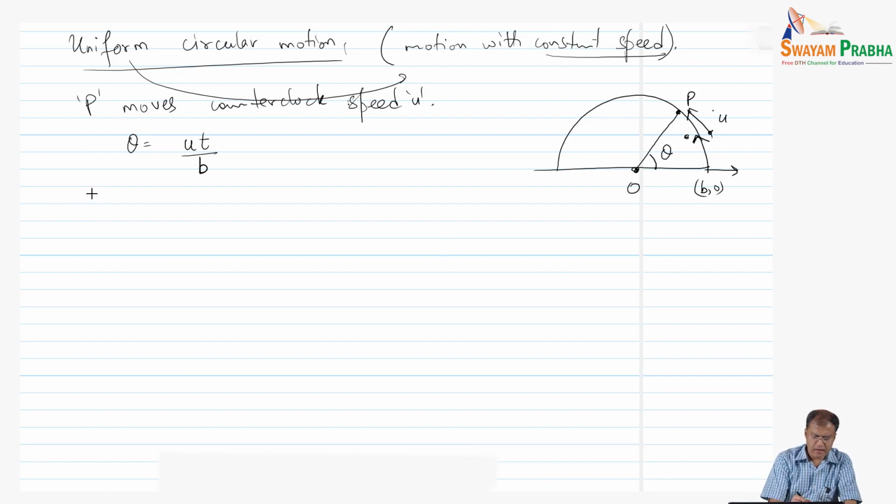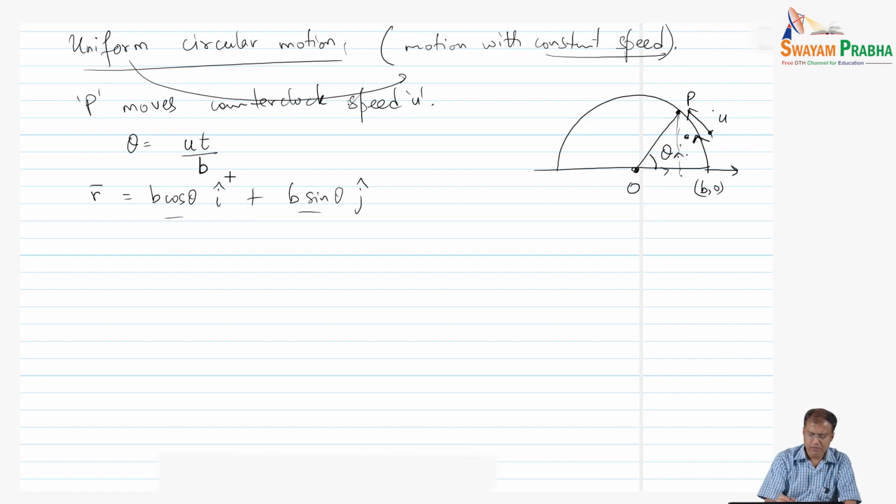So we see that the motion of the particle P along a uniform circle can easily be defined using r equals b cos theta i hat plus b sin theta j hat. These are the x and y components of the position vector at any given time.